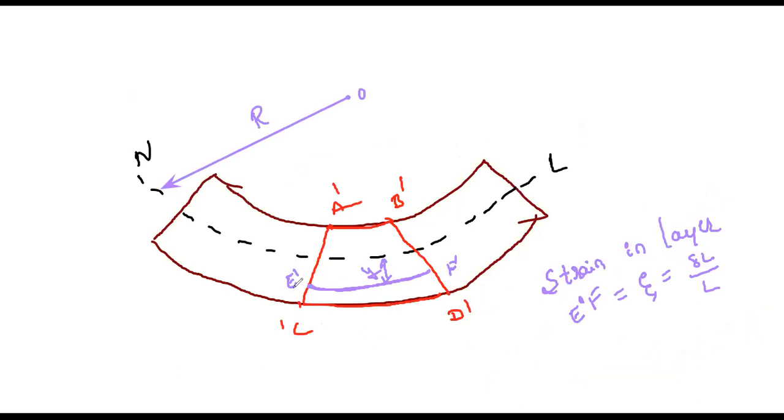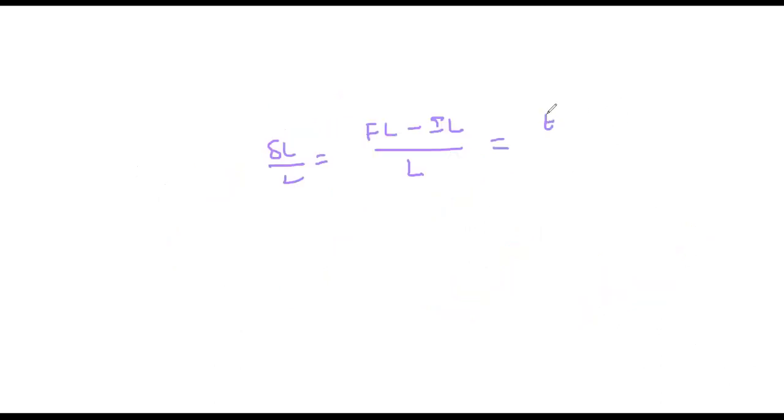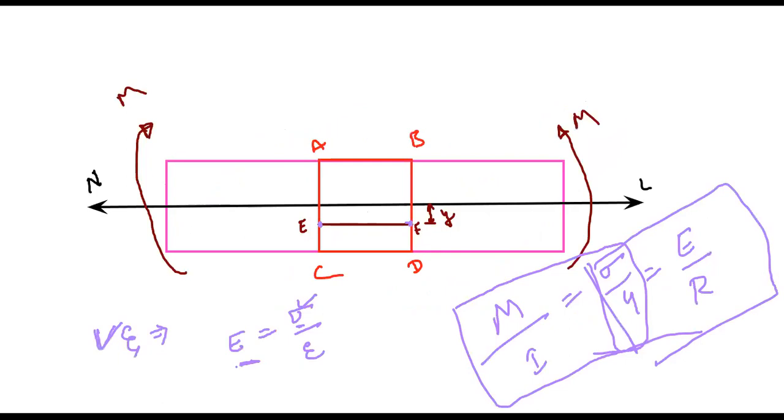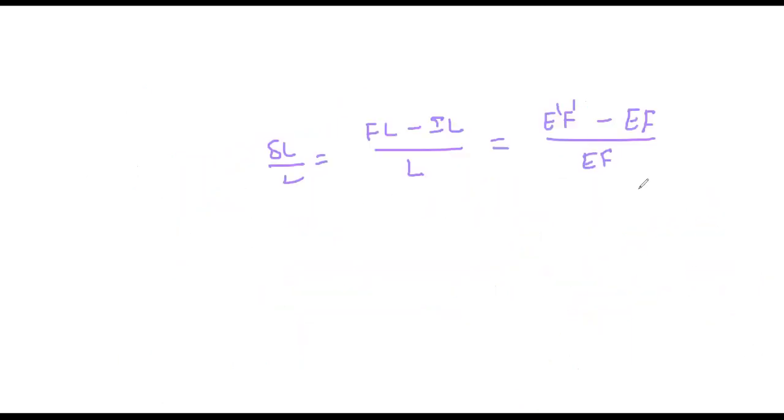The final length of this layer is E dash F dash, minus the initial length, which is EF, and the original length is also EF. So from this we got this equation, which is the strain in layer EF.